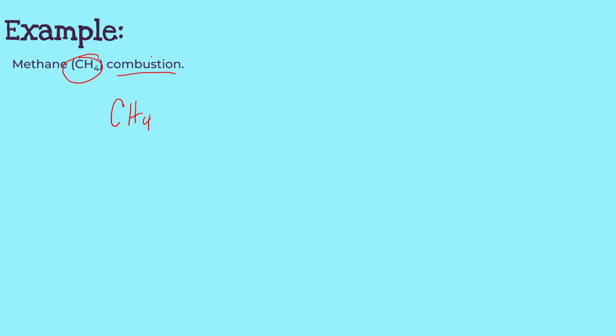Anytime we say that it's going to combust, that means plus oxygen, right? What we just learned is that the word combustion means it has to interact with oxygen. So we're going to add our O2. And then because we know it's a combustion with a hydrocarbon, I already know my products. I know that it's going to be carbon dioxide, and I know that it's going to be water.